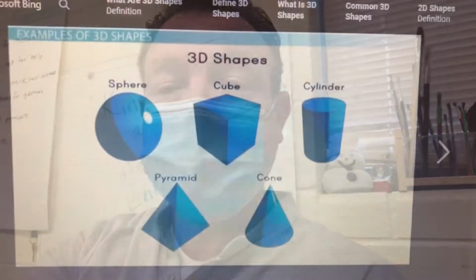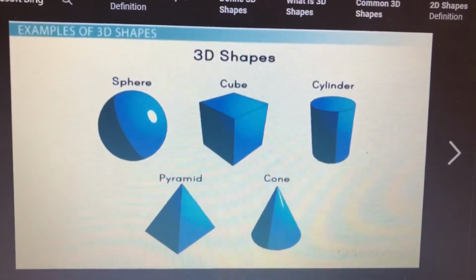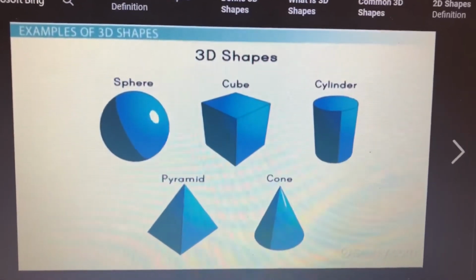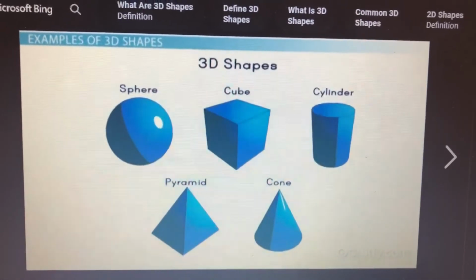A 3D figure would be these figures. You see, they have depth. They're not just flat on a paper. So my question to you again is, is a sphere 3D or 2D? Is it 3-dimensional or 2-dimensional?